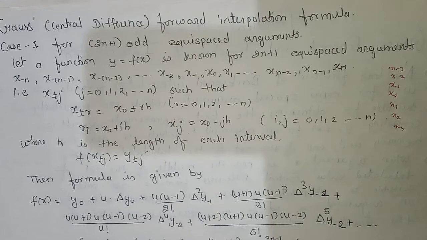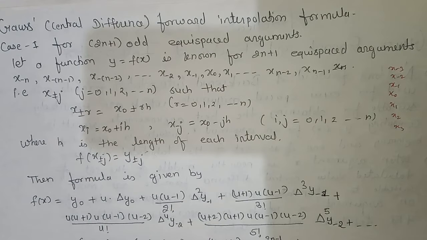When we move down after x0, we go to x1, x2 and so on, adding a difference h. So if x0 is 1 and h is 1, then x1 will be 2, x2 will be 3, x3 will be 4. In this way we go forward.